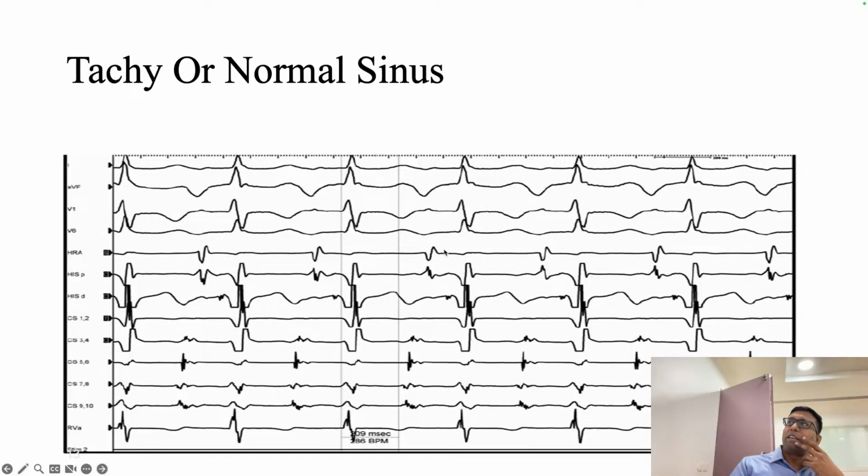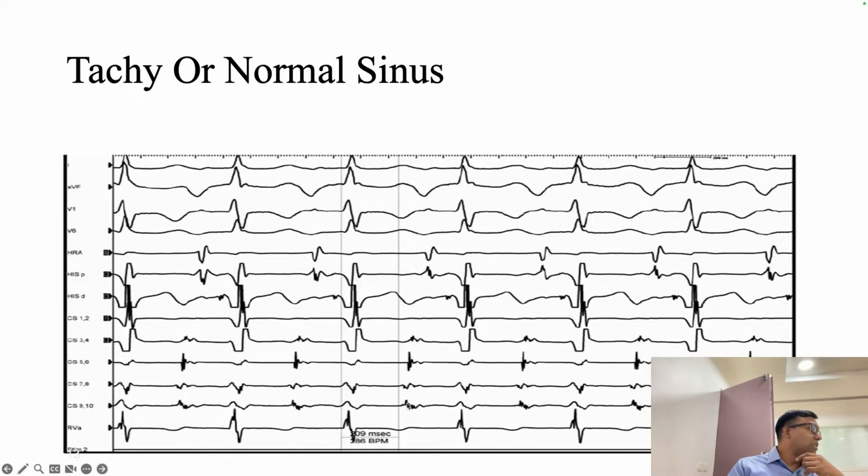See, the best part is whenever you are seeing this, this is the HRA, high right atrium, and this is the A. You can see these are the A, with no doubt in this one. And this is a V, or we can say the P. And here it is the His signal. You can see this A is late and this A is early.